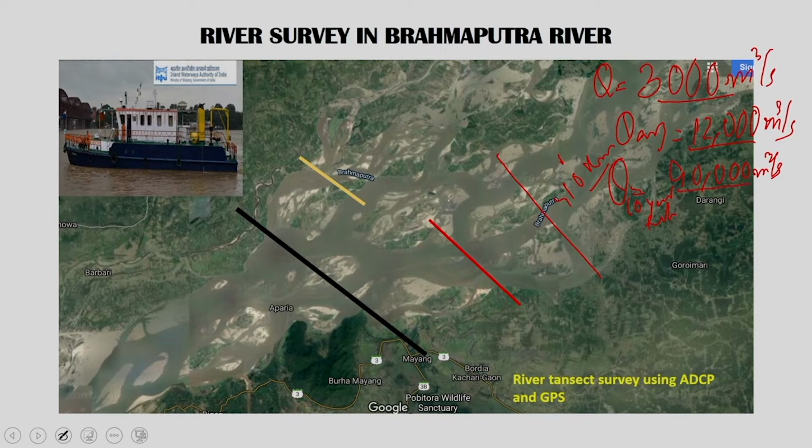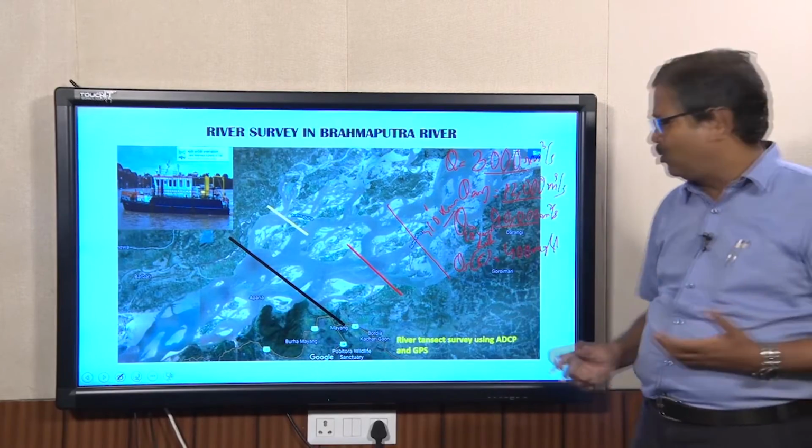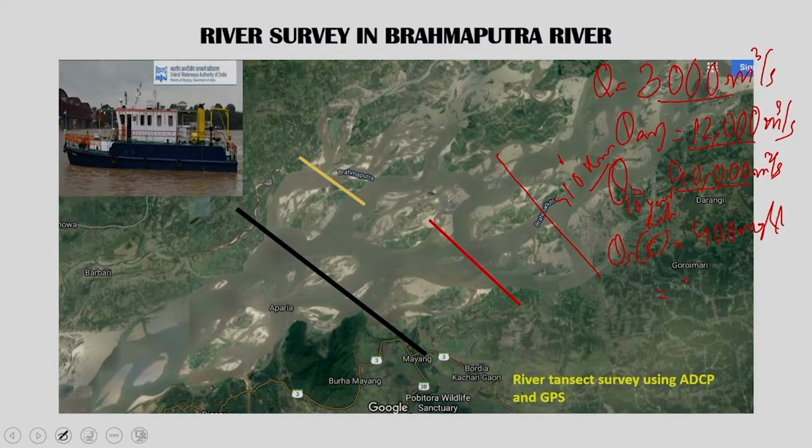Now how much sediment does it carry? In terms of sediment concentration, the average is about 400 milligram per liter, but at maximum it can go to the order of 20,000 milligram per liter. So in this river system, there is variability in flow and also in sediment.